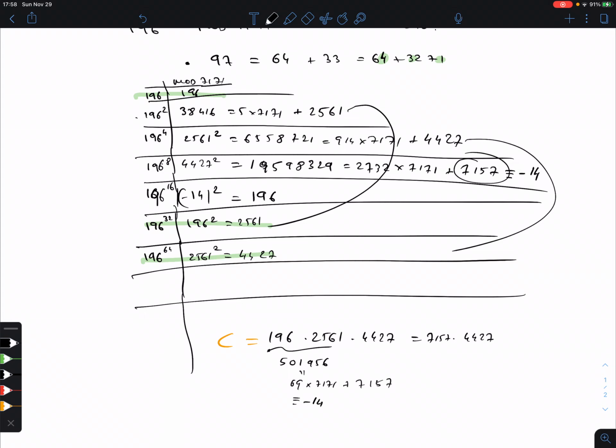So 7157 times 4427, and divide that by 7171. So this is equal to 4480 times 7171. Oh, I have to remember this one.